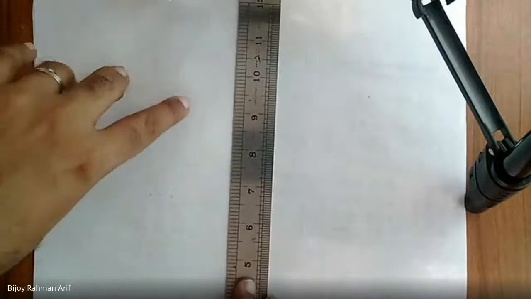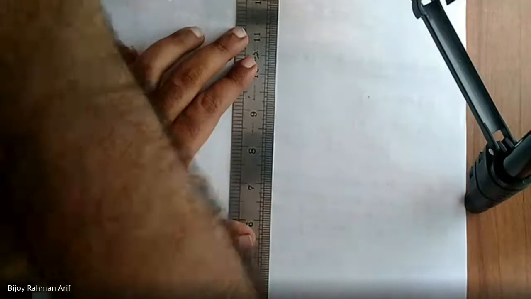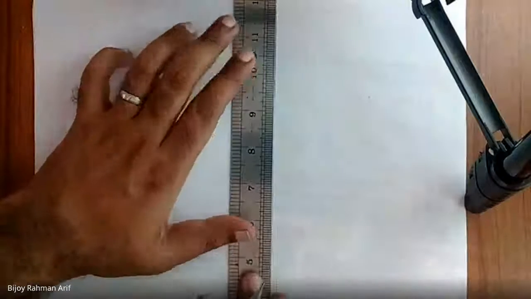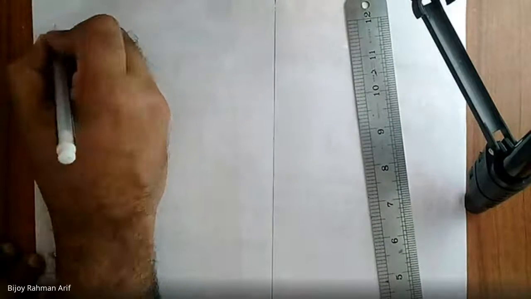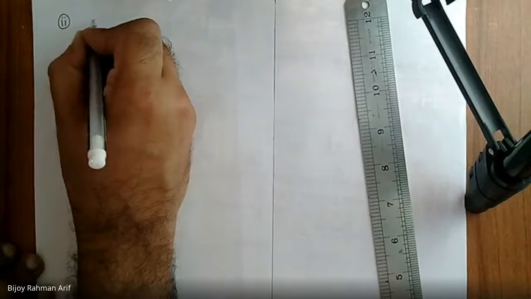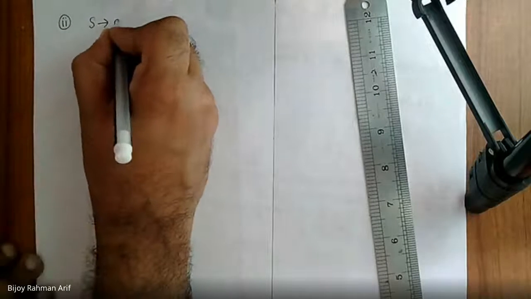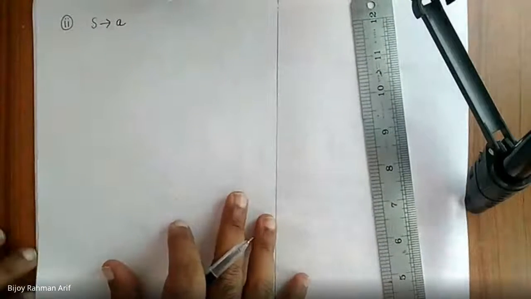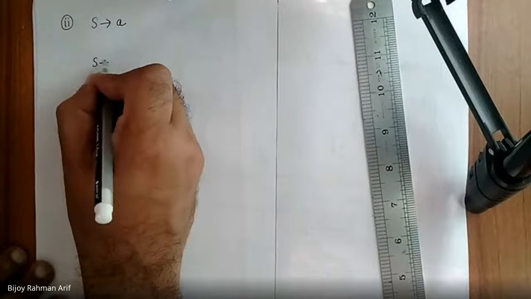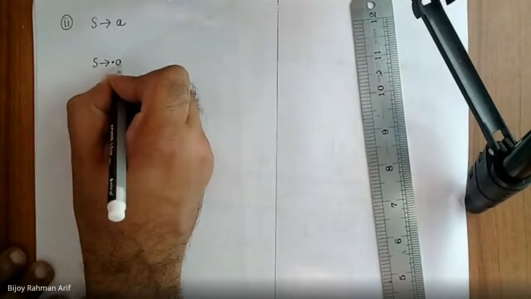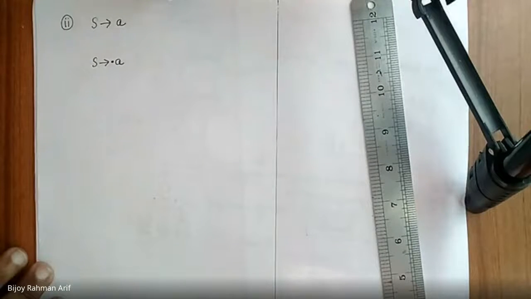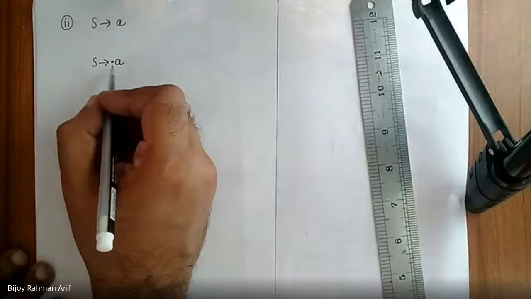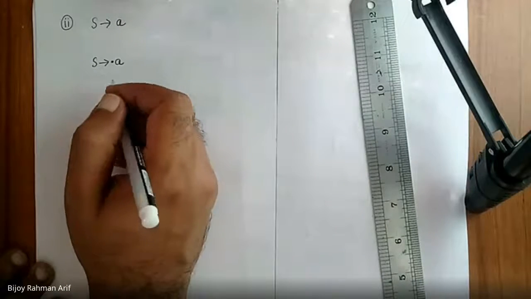Let's take a GOTO. So let's take this one. Initially, let's consume like this. Here is my closure operator. Then what happened?